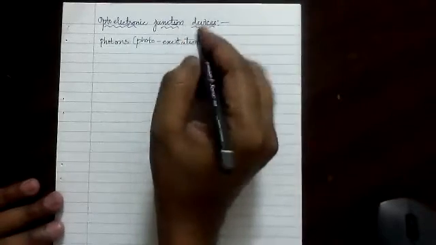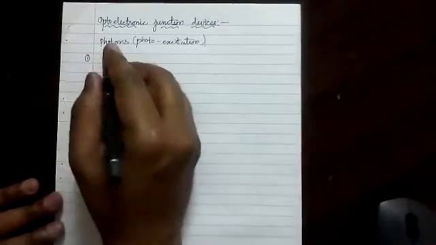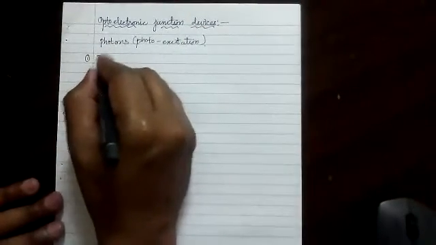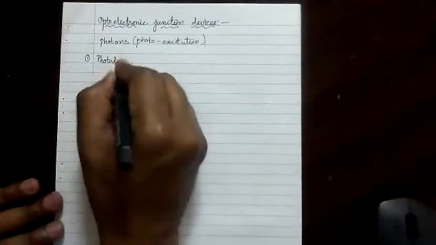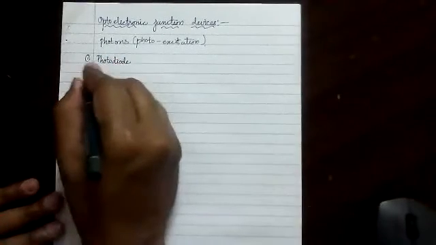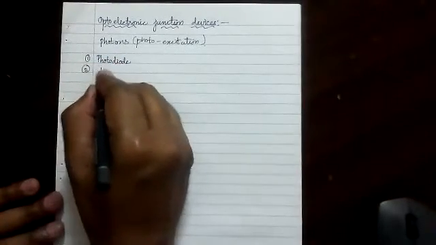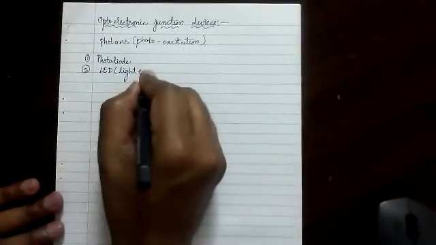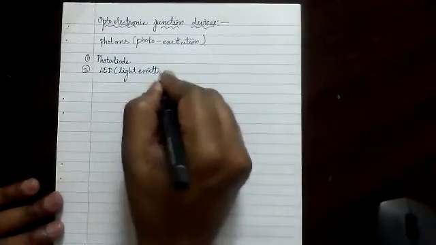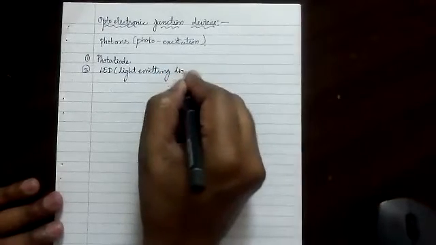Now, in the optoelectronic devices, the first one is the photodiode. The second one is the LED, light emitting diode.